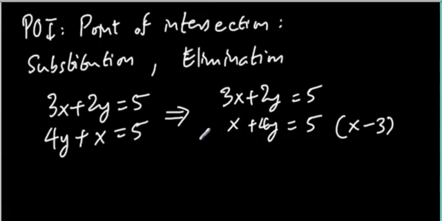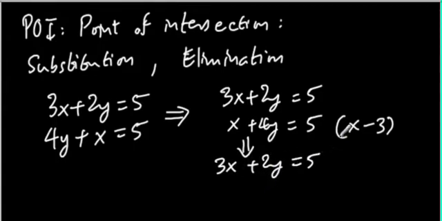If we multiply the second equation by negative 3, we have 3x plus 2y equals 5, and the second equation becomes negative 3x, because x times negative 3 is negative 3x, 4y times negative 3 is negative 12y, and 5 times negative 3 is negative 15.